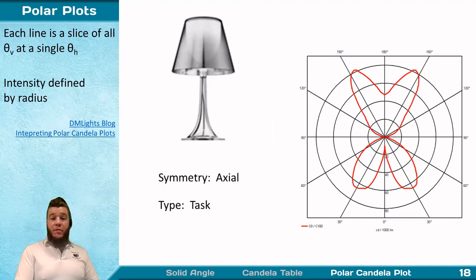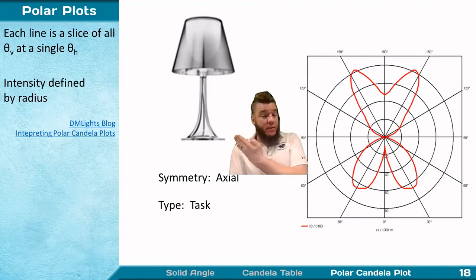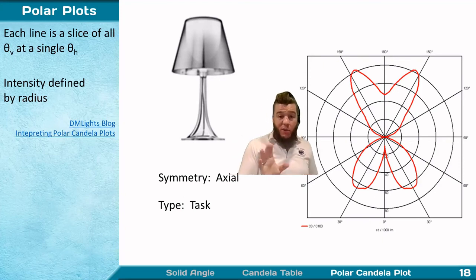So this luminaire is in fact actually symmetric, and almost always a table lamp like this is going to be a task light, oftentimes a reading light that you're putting next to a chair. The way we know that this is actually symmetric, other than the fact that this lamp is round, and so it seems fairly intuitive that you could just rotate this and not have a whole lot of change, is that it's not providing us a different distribution for 90 degrees horizontal.